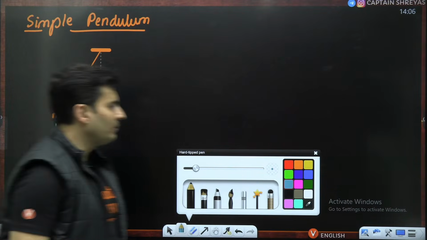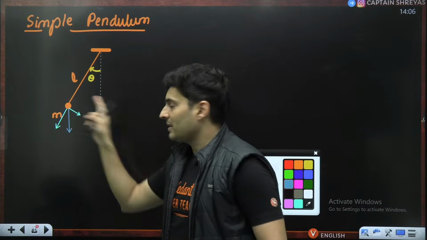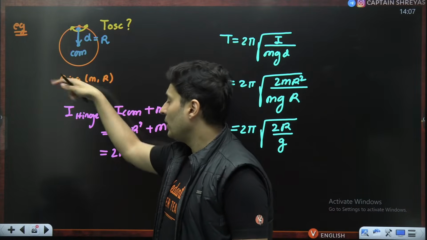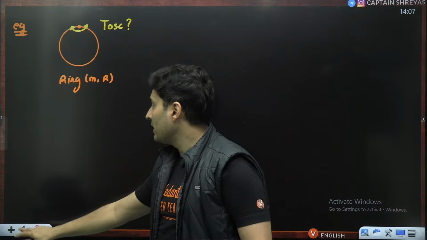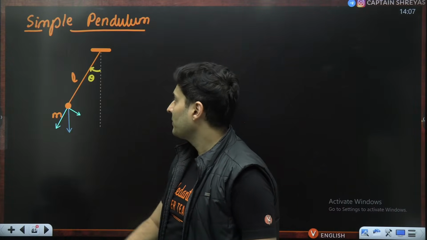A simple pendulum is where you have a point mass attached by a massless rod or a massless thread. Unlike in physical pendulum where it's a distributed mass, it's not a point object. The disc, the ring, the rod, all these are distributed objects. It's not like a point.